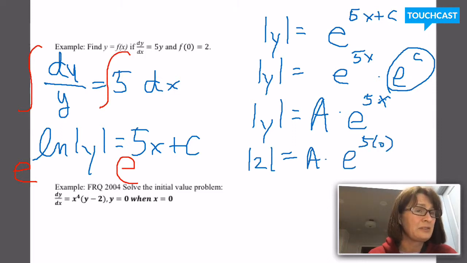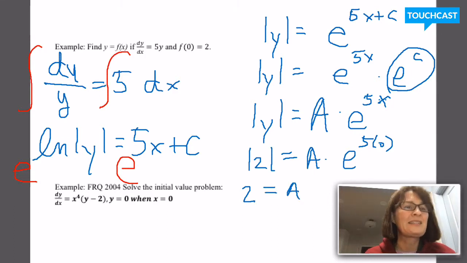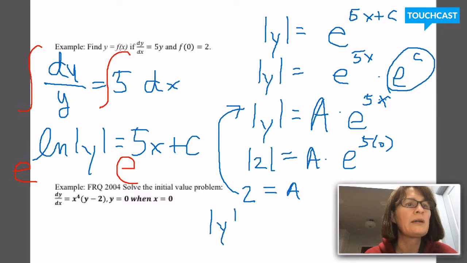Well, 5 times 0 is 0, and e to the 0 is 1. So the absolute value of 2, which is 2, is equal to A. So let me write my next step. I'm going to go back to where I was, which was here, and say the absolute value of y is equal to 2 times e to the 5x.